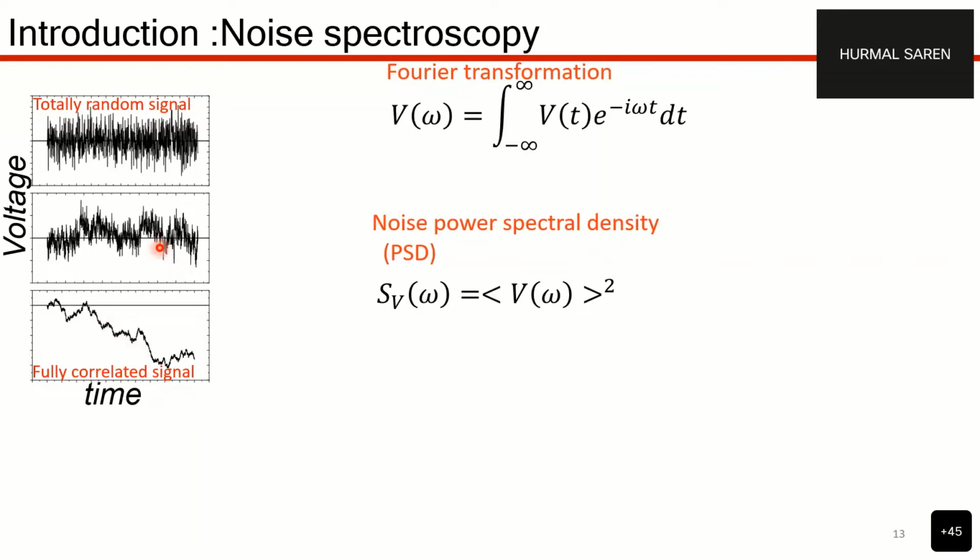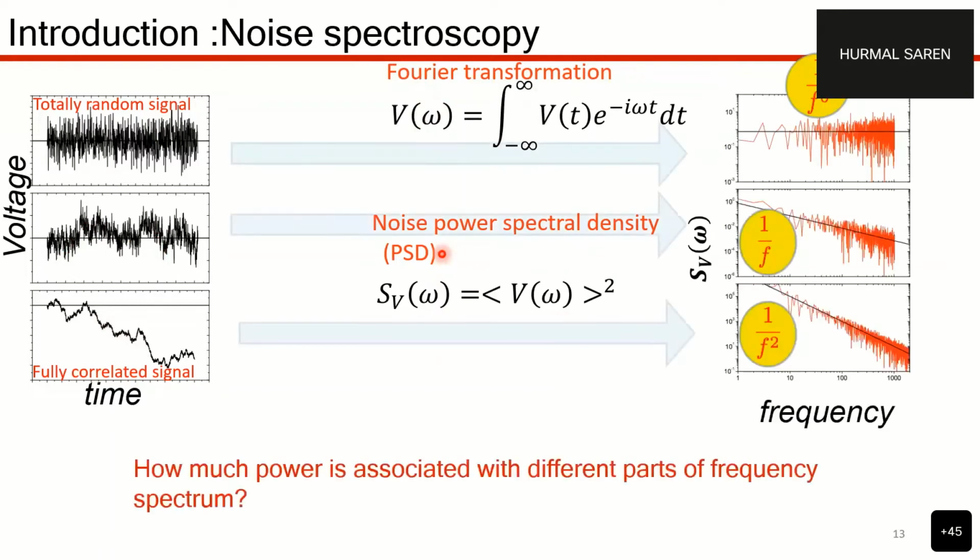And if the signal is intermediate, not that random or not that smooth, this is what it looks like. From this time series data, by using Fourier transformation, we get the frequency domain data, and upon squaring the average value of the frequency domain data, we get the noise power spectral density.